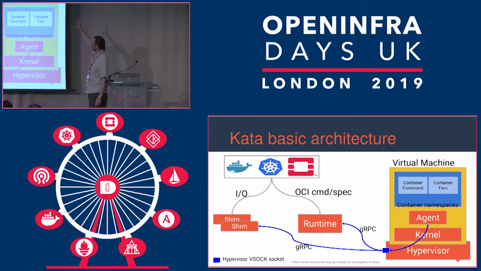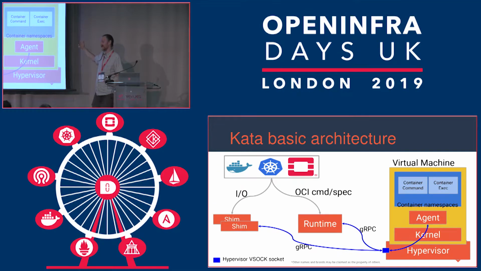Over here we have the VM with your containers and your exec. You have your kernel. In here, there's actually a mini operating system layer, the root FS. So you have the agent running inside the root FS. And then the agent uses the same library that runc uses, libcontainer, which is really the workhorse of runc. So we actually use libcontainer inside.